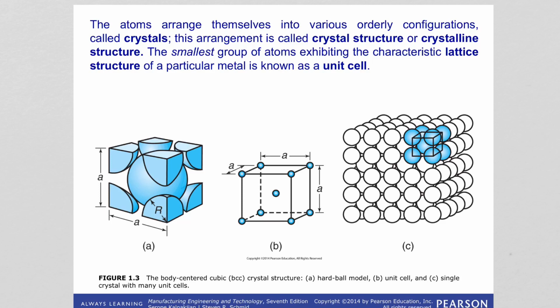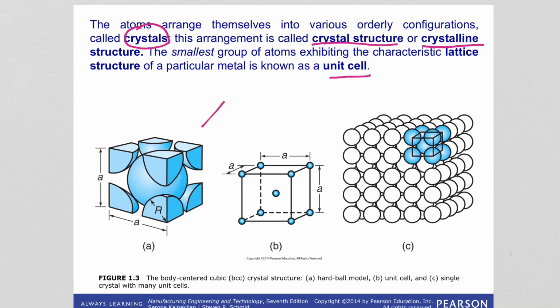When these atoms are arranged in an order, we call it crystals, or the crystal structure, or crystalline structure. The smallest repeating unit is what we call the unit cell, right? The smallest group of atoms exhibiting the characteristics of the lattice structure of a particular metal is known as the unit cell.